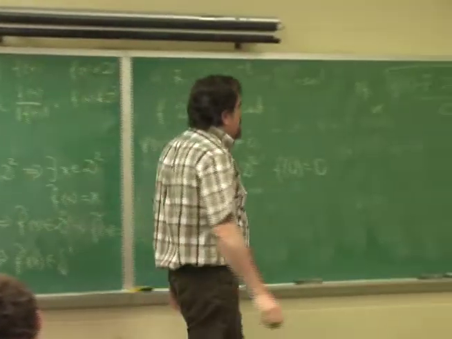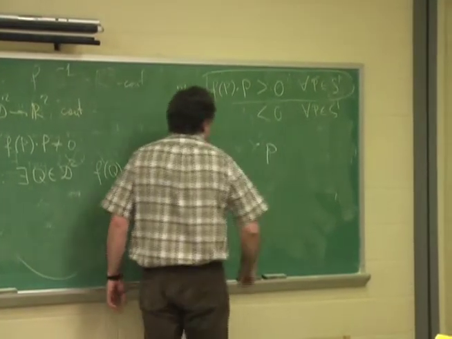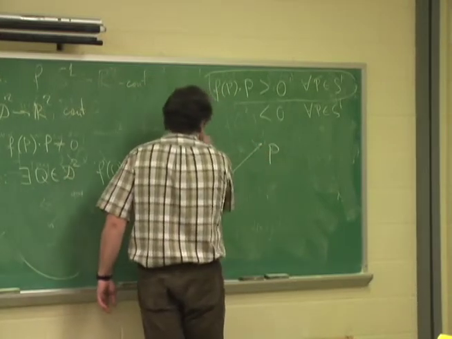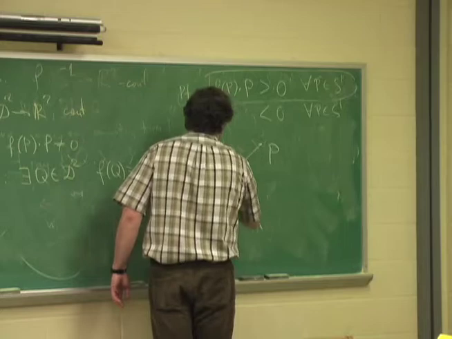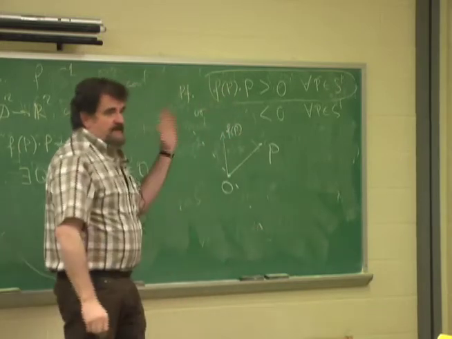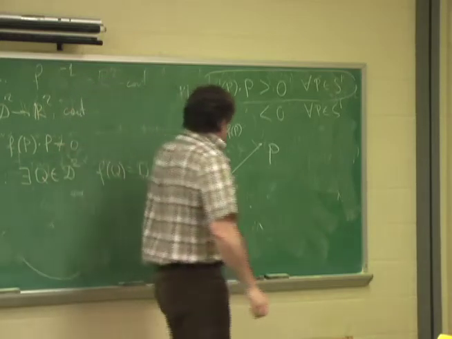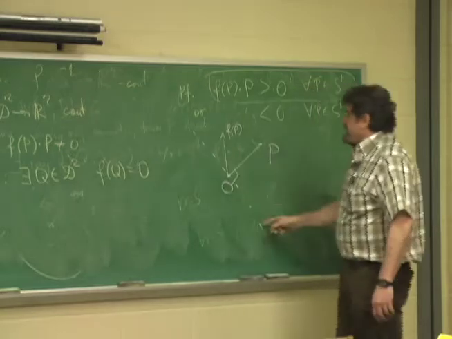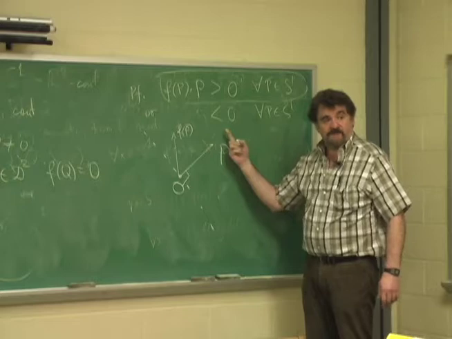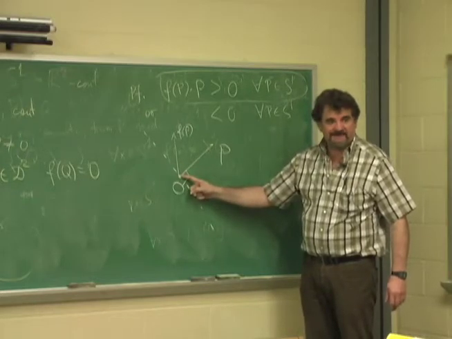What does it mean? That means that f of p is on the same half plane. So I connect p to 0 and consider the half plane. You understand what I mean, this half plane.